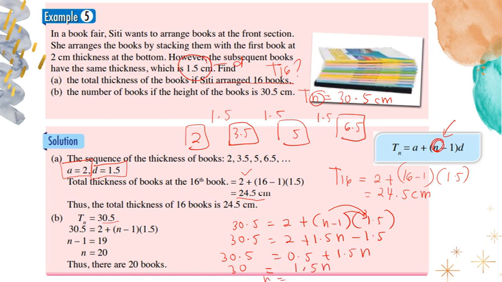So n is equal to 30, you divide by 1.5. Okay, so if you press calculator, 30 divided by 1.5, you will get 20. So the answer n is equal to 20 books. Okay, or you just can follow this step. Just the same.